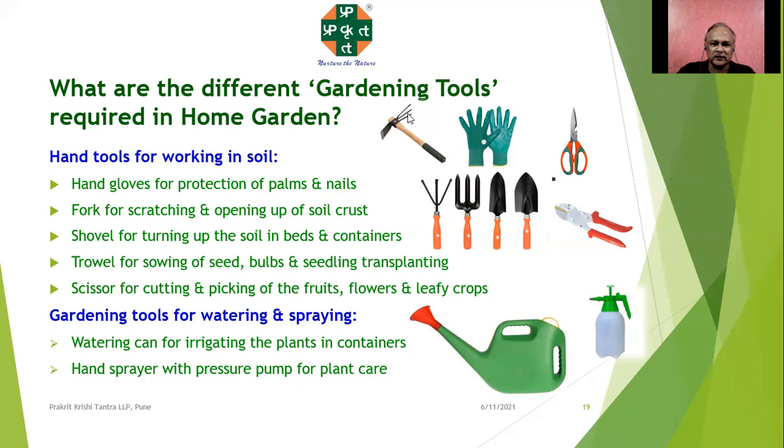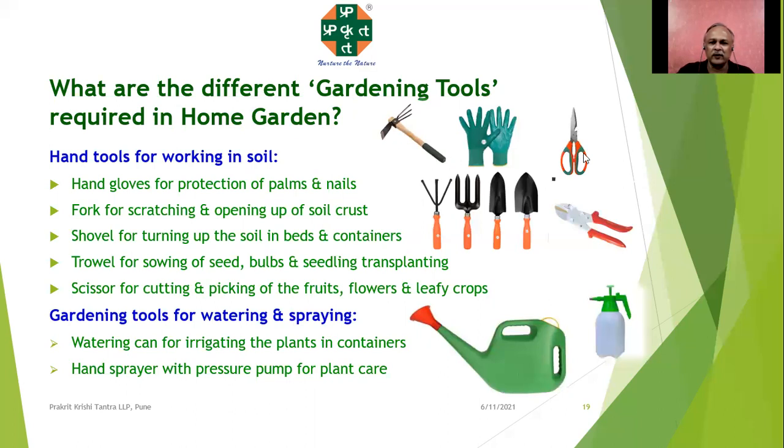This is for scratching the soil. This is for opening the soil. This is also for scratching and opening the soil. This is also for deep scratching and opening up the soil. This trowel is used for transplanting the seedlings, and this shovel is used for digging a pit for planting bulbs and that kind of material. So these kinds of things are there.